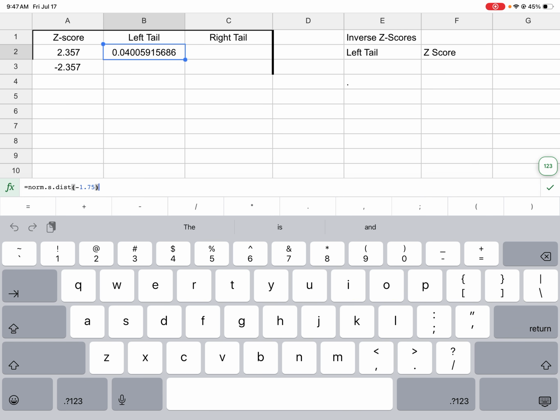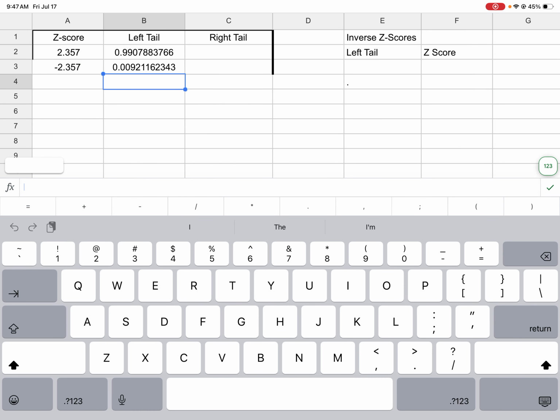Okay. So over here, I need to change my formula to my new z-score, 2.357. Close those parentheses. I'll need the same thing down here, equal norm.s.dist. There it is. I'm just going to click on the z-score this time to be a little lazier. And I get the two left tails that I need.